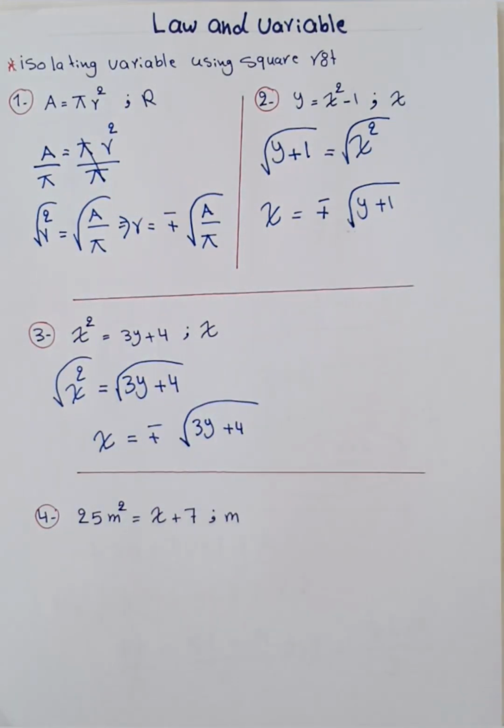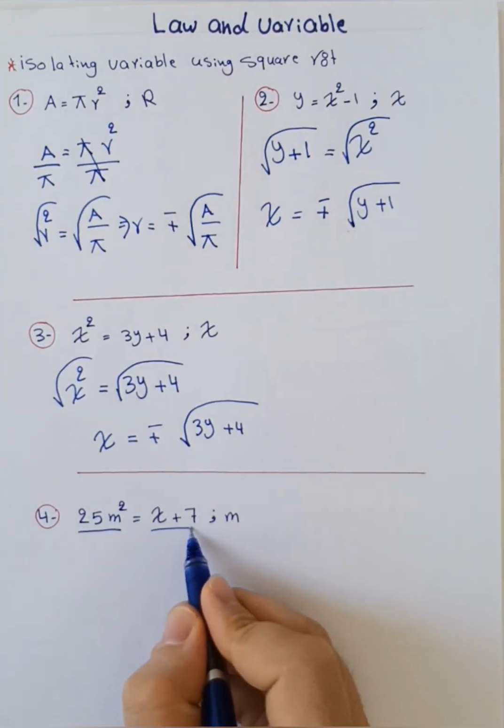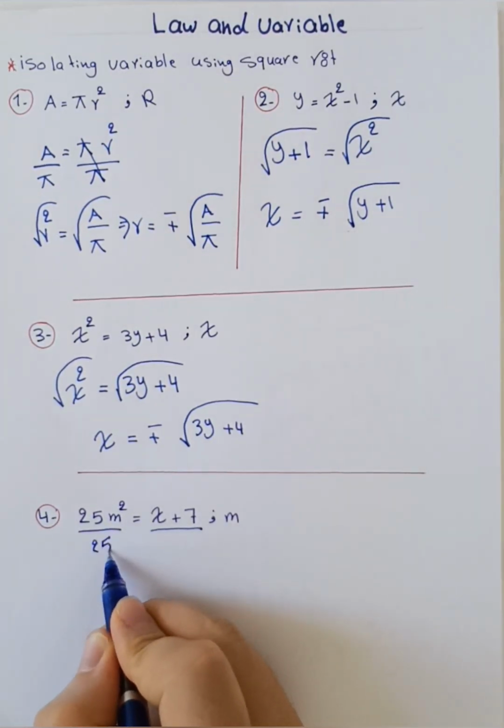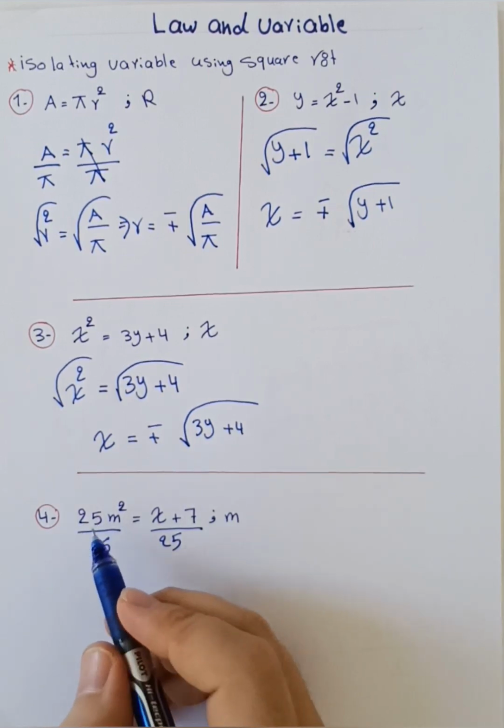Example number 4, you have 25m squared equal to x plus 7, the variable m. First, we have to divide both sides by 25 to reduce this 25.